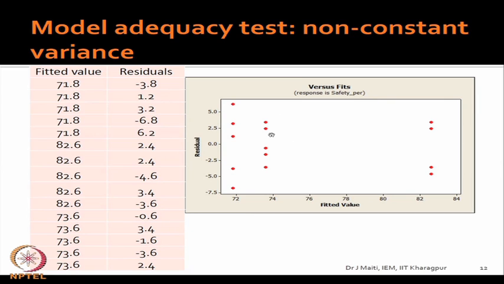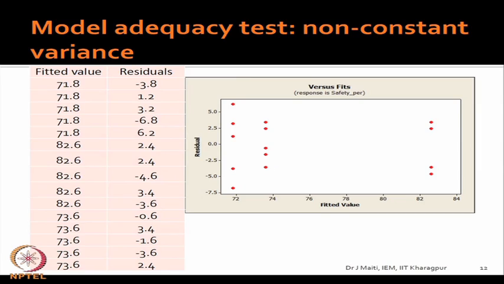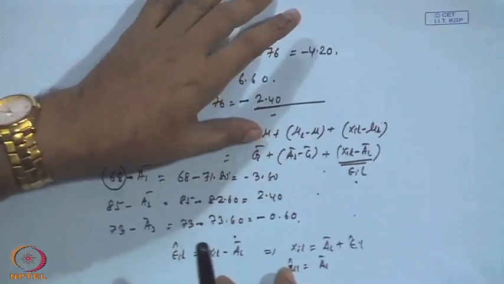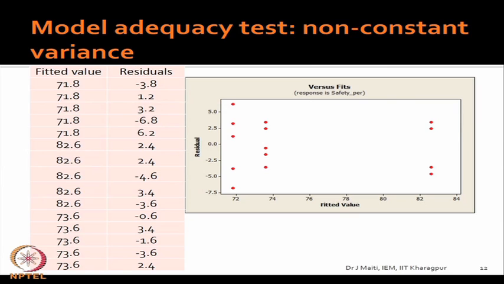So, I think there may not be a difference, but it should be tested. We have not tested in this example, but in an earlier example we have tested. If there is departure from equal variability, then it will be reflected in the fitted value versus residual plot. Okay. So, this is our one way ANOVA.